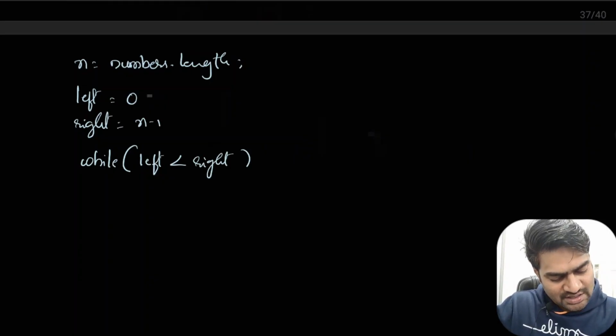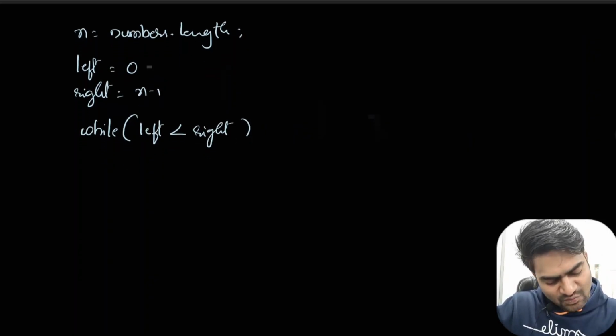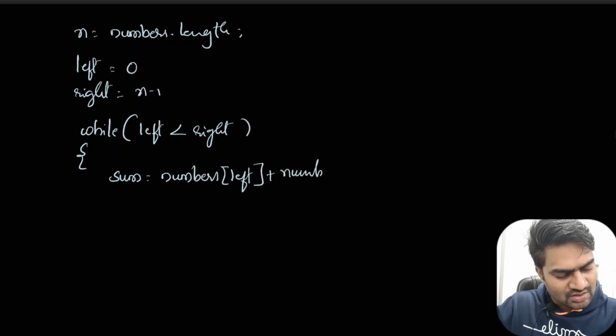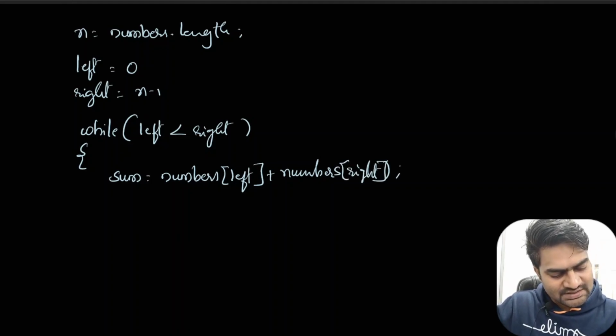What I need to do? I need to do something. So now what I will do, I will take a variable sum and I will say numbers of left plus numbers of right. Okay, so this will give us the sum.